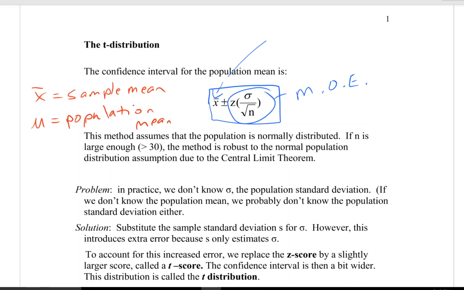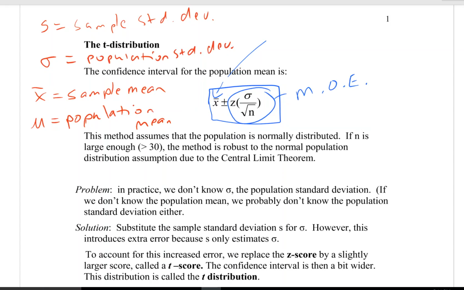We might also look at the sample standard deviation. So we use S for the sample standard deviation. And then our parameter sigma represents the true population standard deviation, which is usually an unknown value.